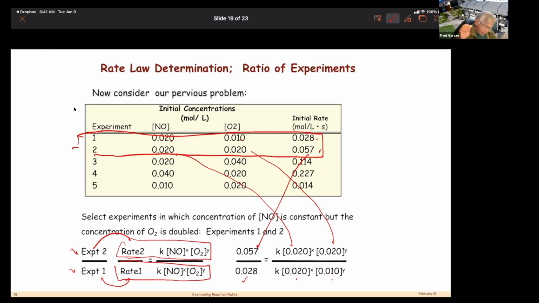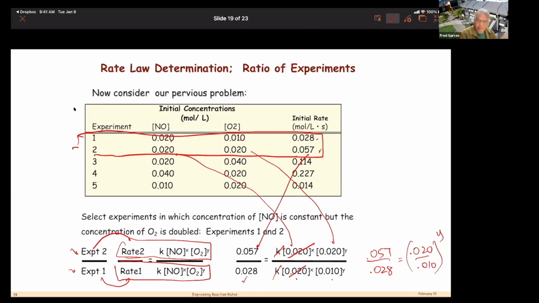Now look at what happens. The K's are going to cancel because they are the same. This will also cancel. That's why you pick experiments 1 and 2. And what you have here is 0.057 over 0.028 is equal to 0.020 over 0.010 all to the y.